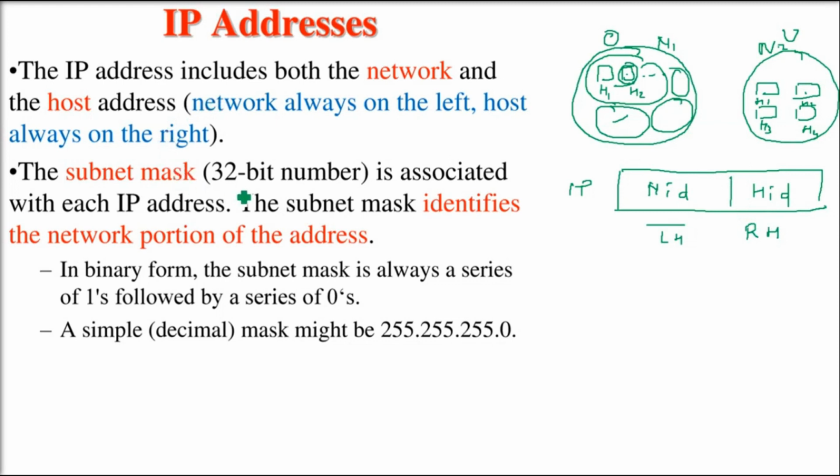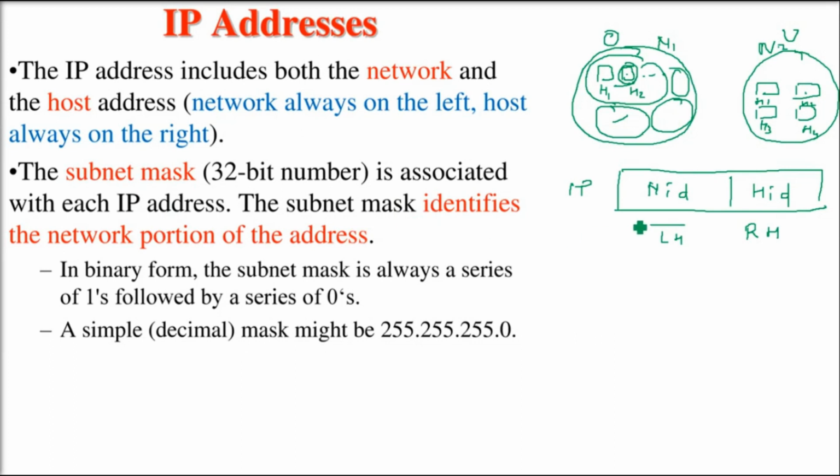And what is a subnet mask then? See, if you are suffering from coronavirus or you want to save yourself, you put on a mask. You put on a mask, so you try to hide. This is a 32-bit number. So this subnet mask is associated with each IP address.